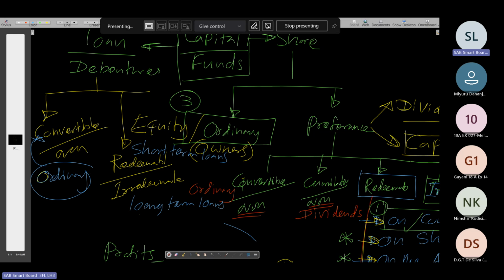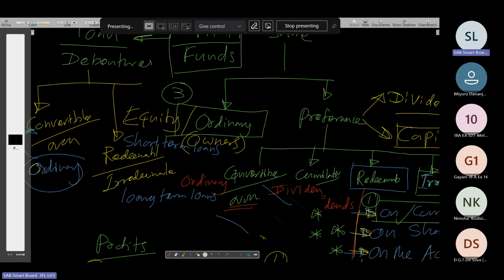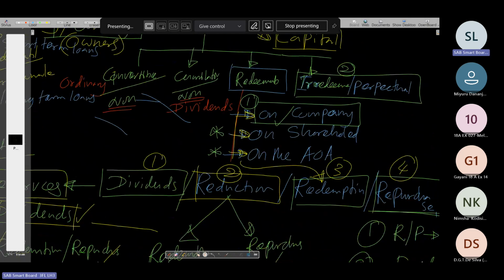But with regard to preference shares, that is not the meaning. Redeemable means the company can buy back, on the option of the company or on the option of the preference shareholder, on the date mentioned in the articles.